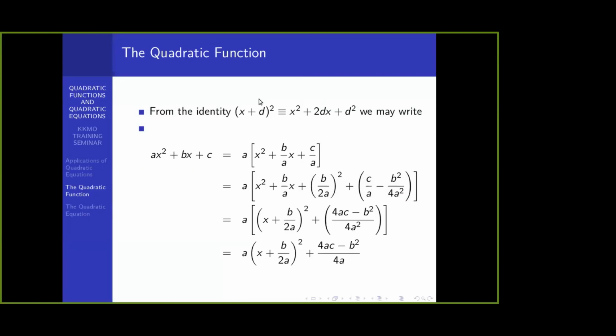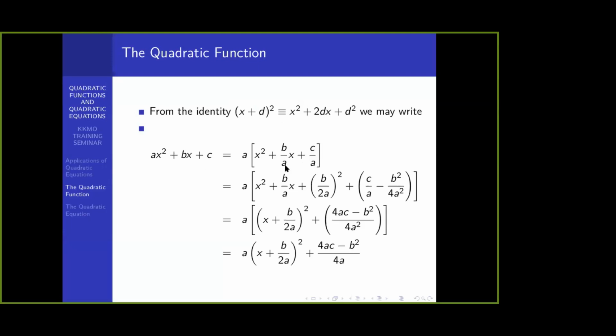So this process is called completing the square. If you only have this part, x squared plus 2dx, you can complete the square by getting half of the coefficient of x and squaring it, then adding it. The half of the coefficient of x here is d. And when you add the square of that half of the coefficient, you get a perfect square on this end.